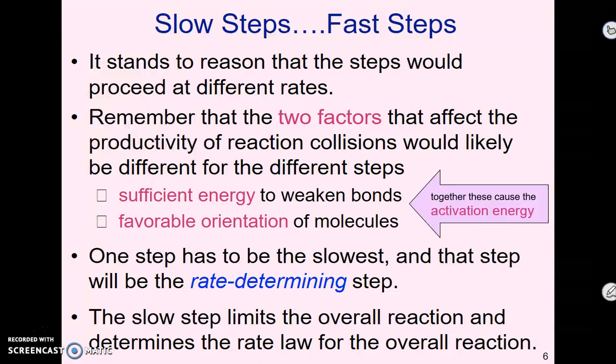Now, the step that is said to be the slowest is known as the rate-determining step. And it is the step that determines the rate law for the overall reaction. Just to give you an idea about a rate-determining step, think about a trip to New York. In my trip to New York, the rate-determining step of how long it's going to take me to get there is when I go on the Long Island Expressway.